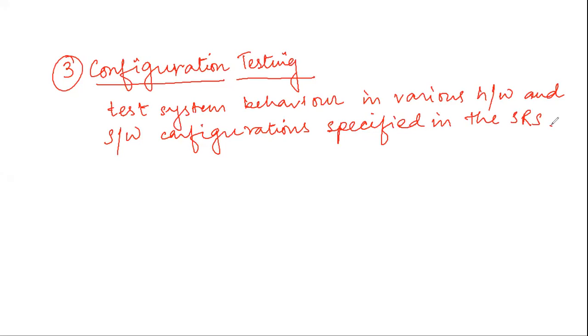These are three different sets of configurations that the client wanted the app to work in. So this testing checks whether the system that is built works in different configurations for different users or not.